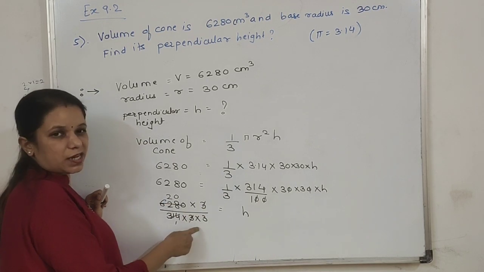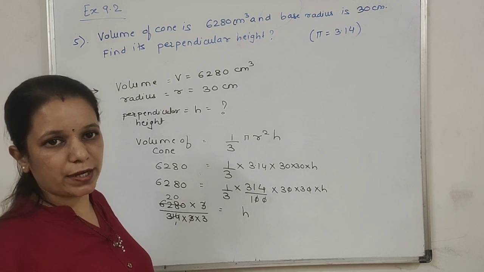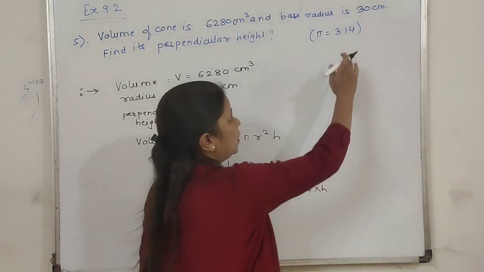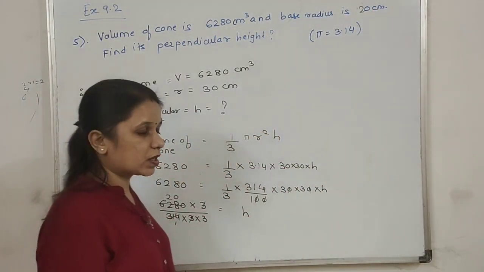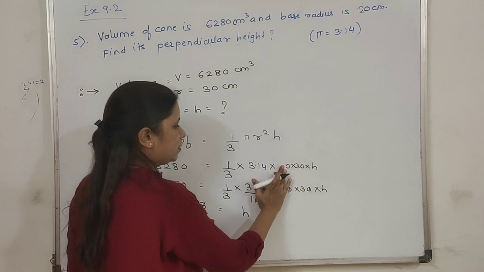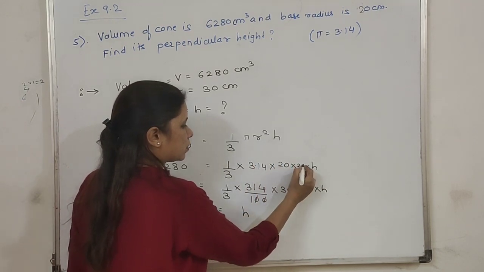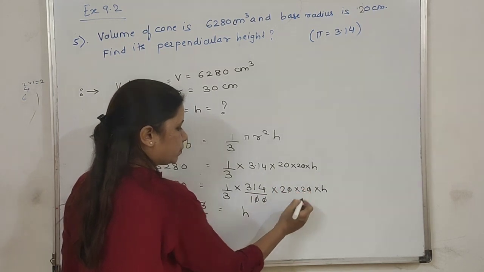So we get 20 upon 3, which is going to be in decimal point, or there could be a correction in the example. Here it is 20. So if we take it as 20, then the answer will go correct according to your textbook.